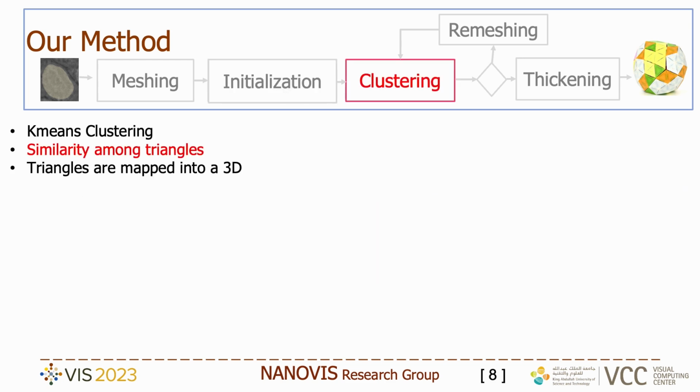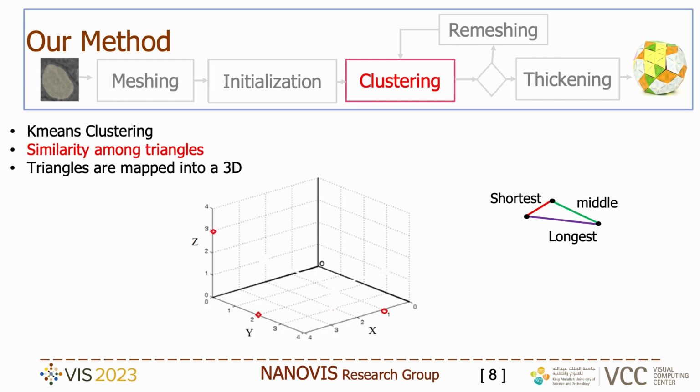Clustering. Clustering the triangles into k classes is a key contribution of this work. We used k-means clustering, for which we need the degree of similarity among the triangles. We have a simple method for calculating the degree of similarity between the triangles.